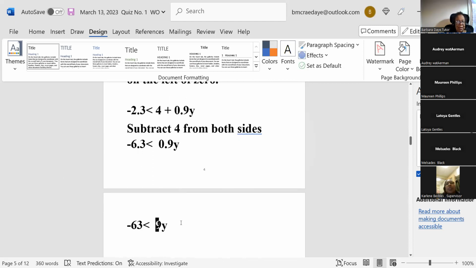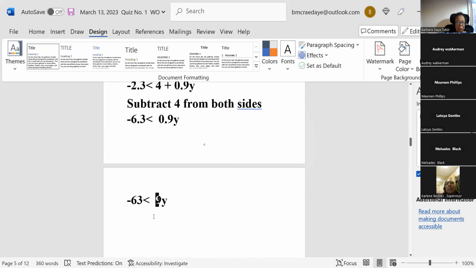Good. All right. Now, how do you solve for y, Maureen? You divide both sides by 9. And what do you get over here? Minus 7, less than y, right?